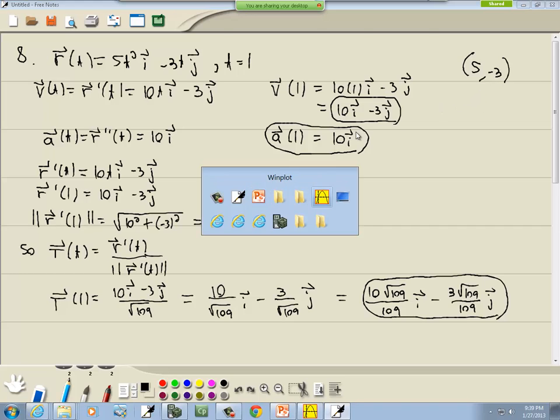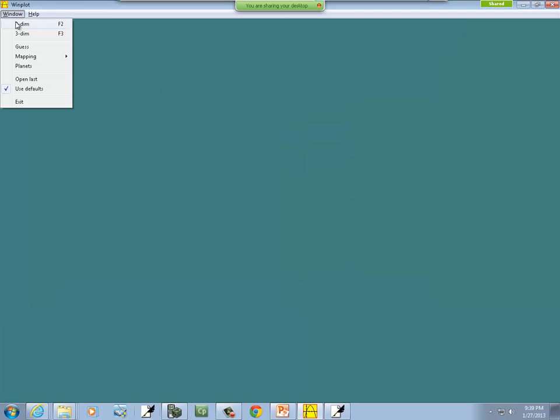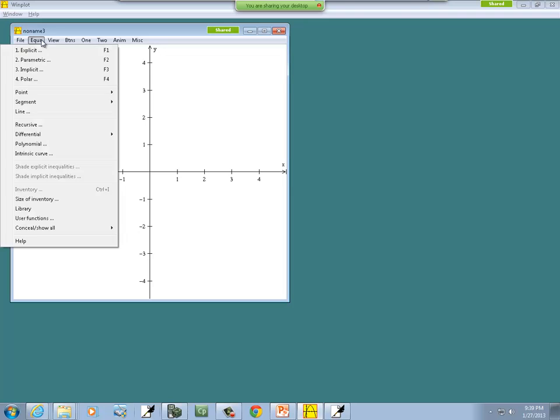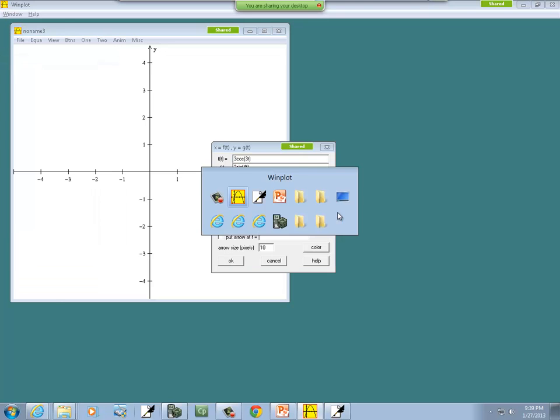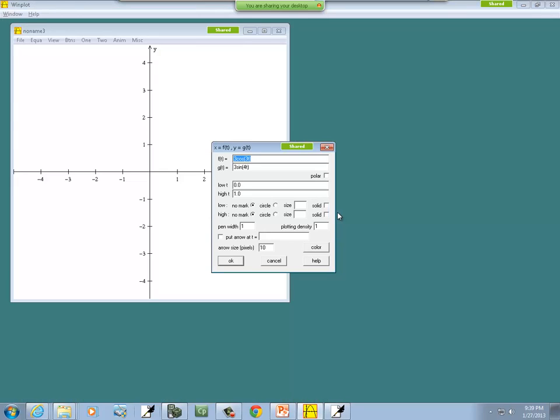Let's graph this. I'm going to choose window, choose 2 dimensions. I'm going to choose equation, parametric. For f of t, I'm going to put in 5t squared, and then I'll put negative 3t for g of t.